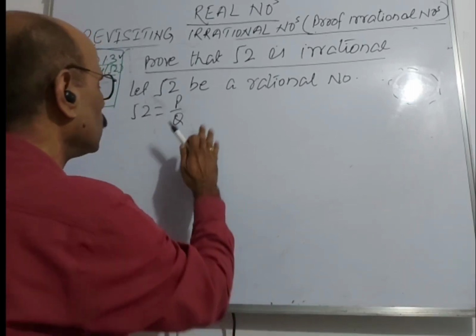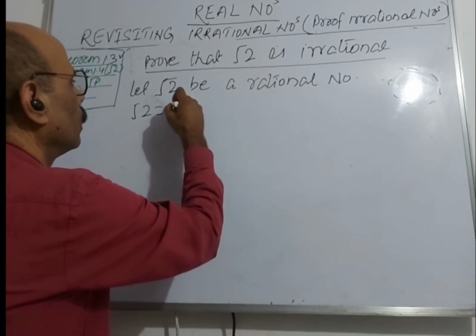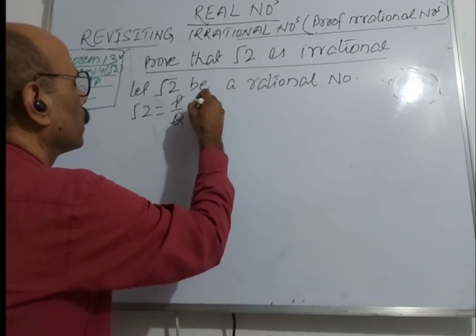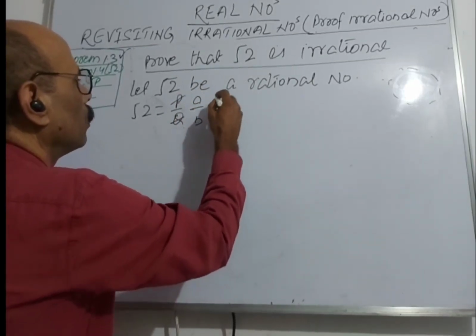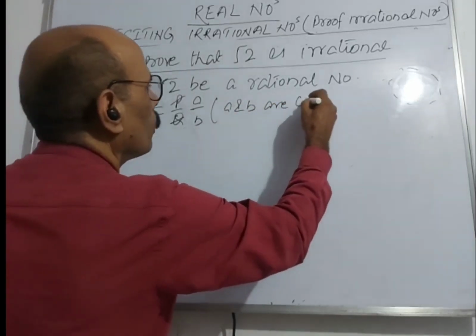And if these are not co-prime, then we cut it down to a by b, where a and b are co-prime.